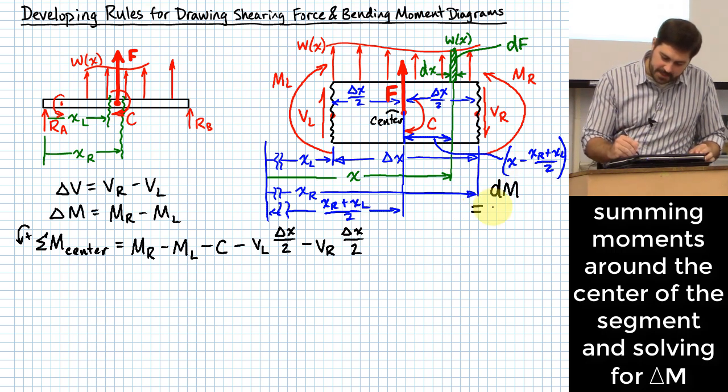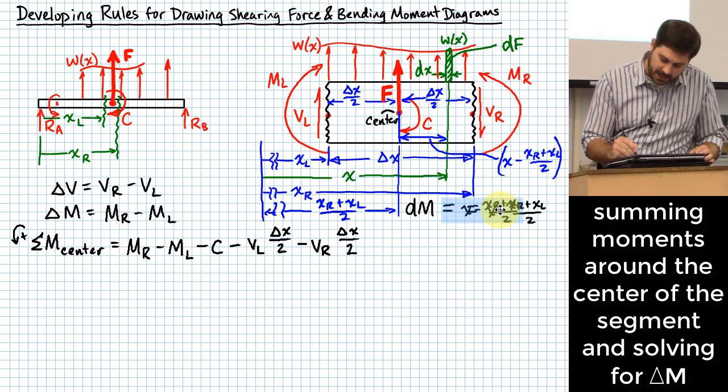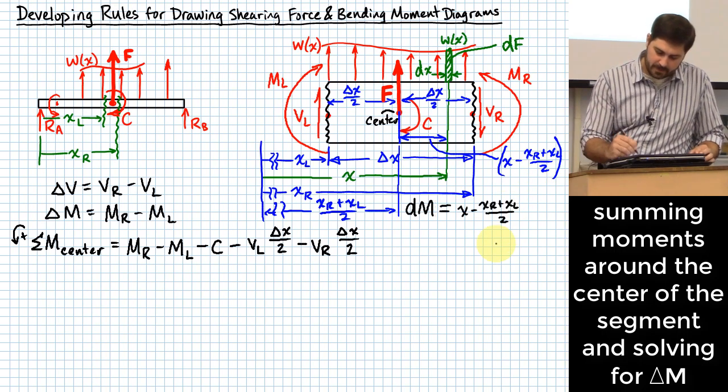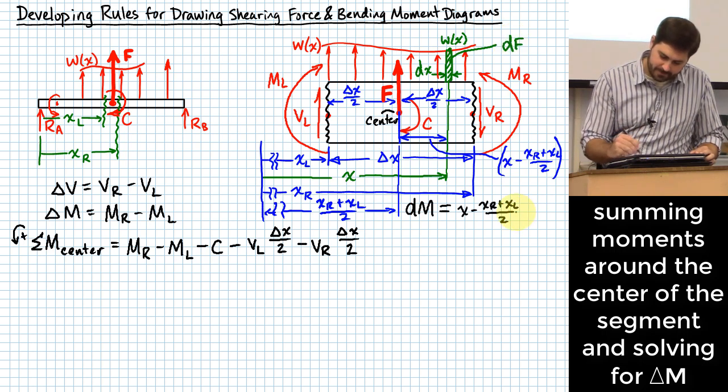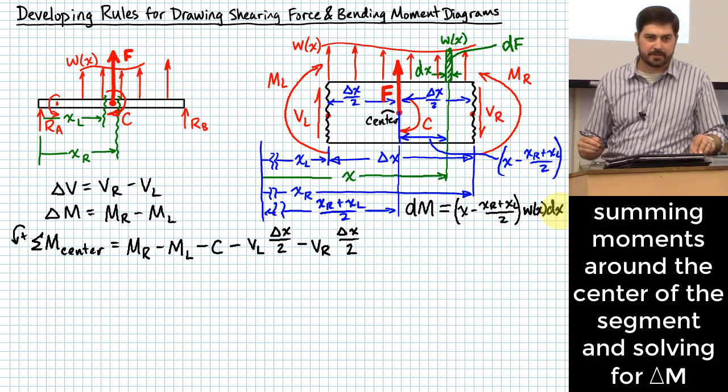Okay, it's going to be that distance of x minus (XR plus XL)/2. I'm going to slide this over here a little bit. Okay, so it's based on this distance times dF. But what's dF? dF is w of x dx, right? We came up with that earlier.